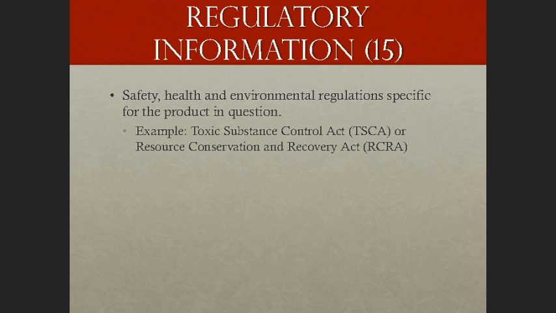Section 15 is regulatory information, and so this is going to have information that is regulatory in nature. I put a couple of examples up on the screen here. Both are derived from the Environmental Protection Agency. For example, there are certain requirements under the TSCA and RCRA, or Toxic Substance Control Act and Resource Conservation and Recovery Act, respectively.